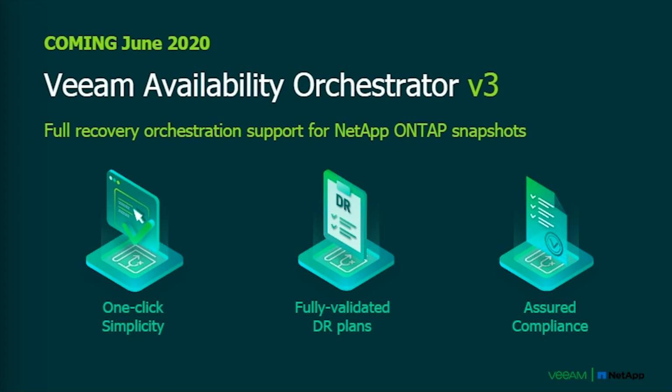Veeam Availability Orchestrator allows you to build these plans, test these plans, and spit out custom reports saying that, yes, your DR plans are being tested, allowing you to test your plans in the middle of the day, to assure compliance. And Veeam Availability Orchestrator v3 is completely integrated now, when this launches in June, with the best of breed NetApp hardware-based replication in the industry, called SnapMirror.